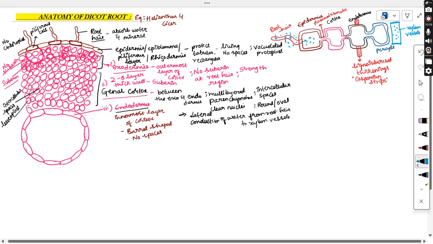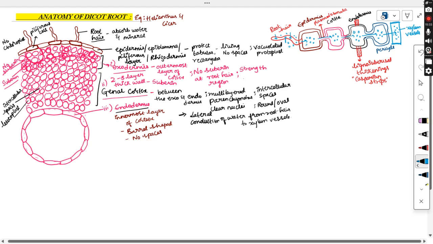So let us say water entered the epidermal cells. From the epidermal cells, through the plasmodesmata, it reached the cortex. And through the plasmodesmata, the water reaches from cortex to endodermis, from endodermis to the pericycle, and from here to the xylem.